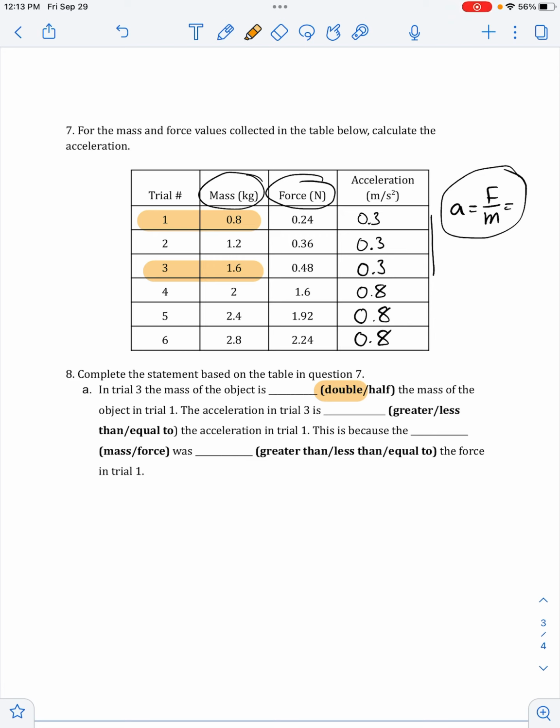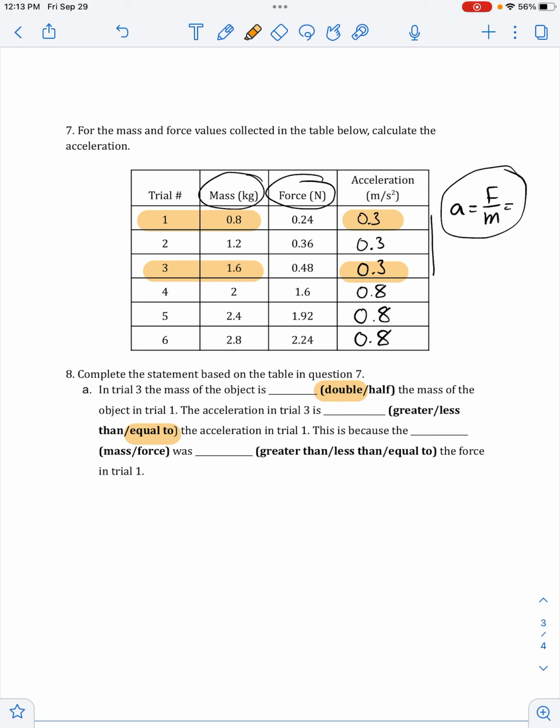The acceleration in trial 3 is, so the acceleration here is the same as the one here, right? So it's going to be equal to. This is because the blank mass or force was greater than, less than, or equal to. So the mass was greater, right? But that doesn't explain why the acceleration would be the same.